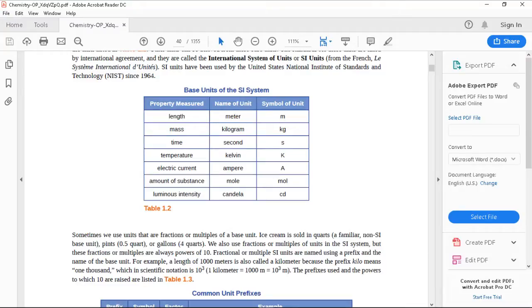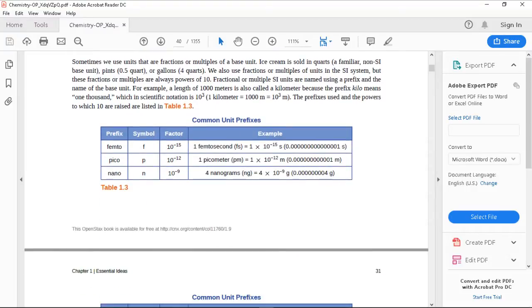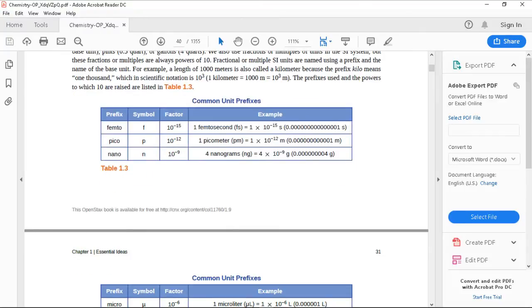And here are the base units of the SI system: length, mass, time, temperature, electric current, amount of substance, and luminous intensity. Sometimes we use units that are fractions or multiples of a base unit. Ice cream is sold in quarts. I already read all this.